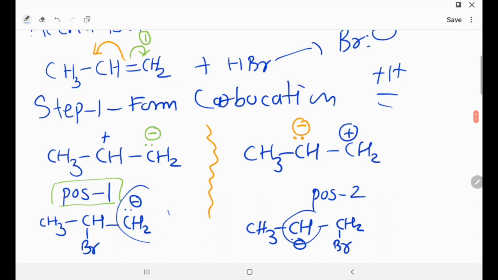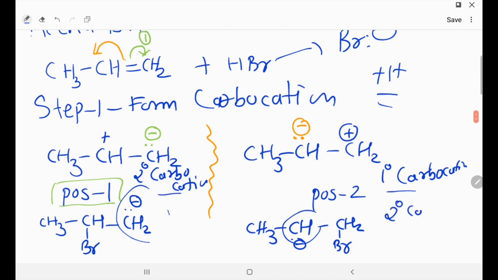In this case you can check one thing. This one is a 2 degree carbocation, this one is a 2 degree carbocation, while this one is a 1 degree carbocation. So now the question arises, which one is more stable?